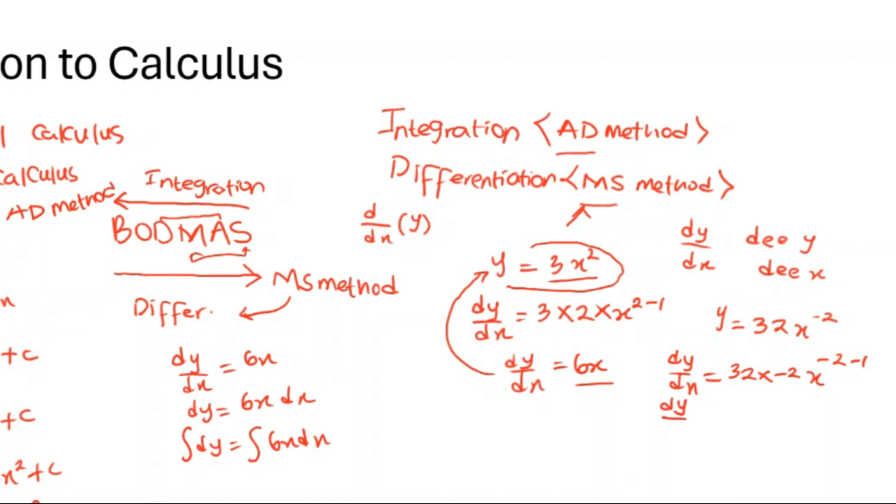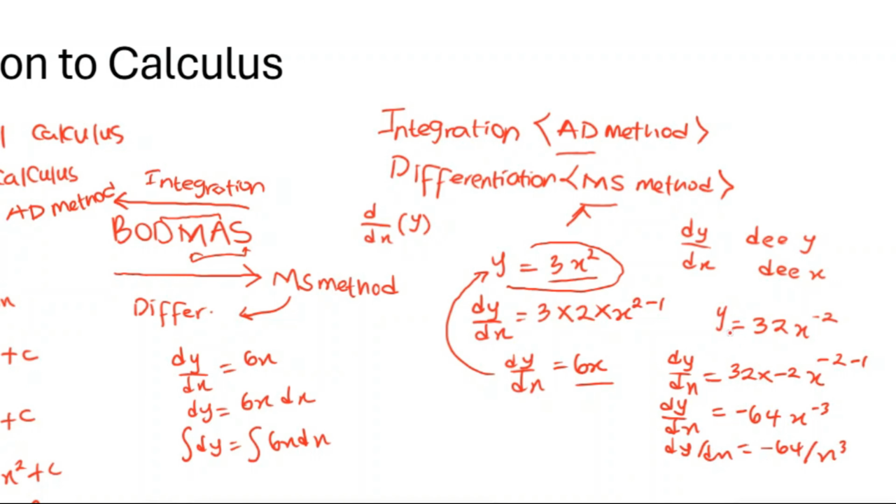So our dy/dx here is going to give us 32 times minus 2, which gives minus 64x raised to power minus 3. So our dy/dx here will give us minus 64 divided by x raised to power 3.